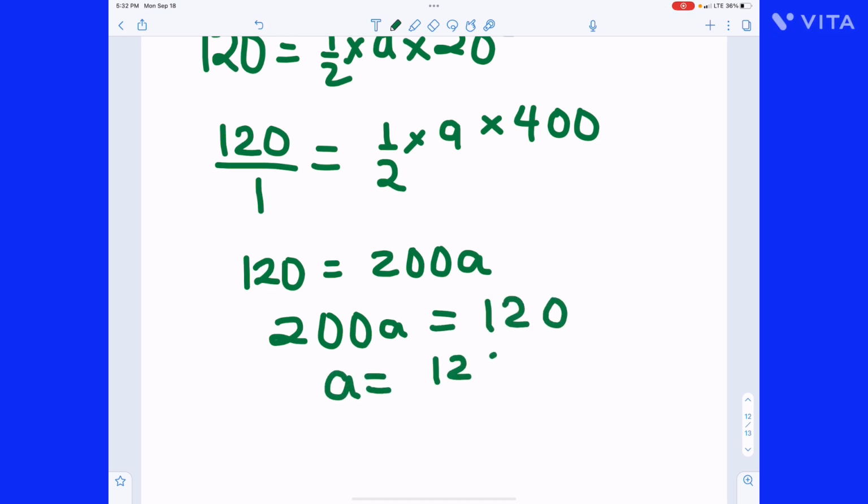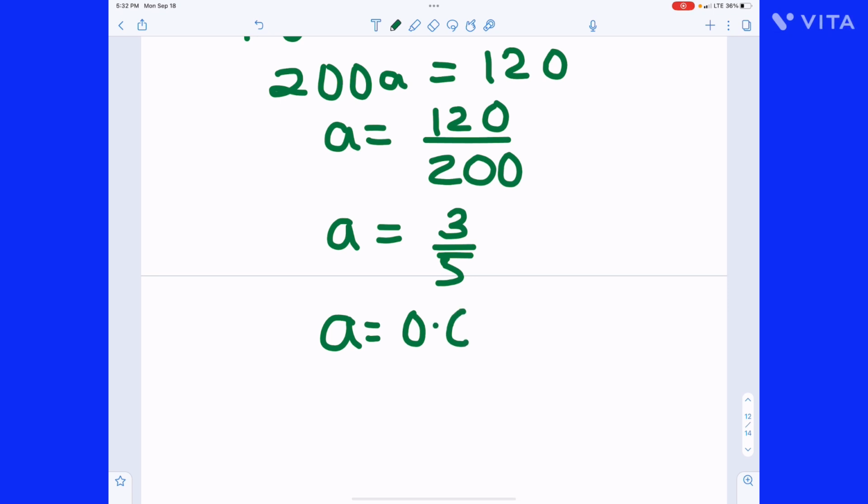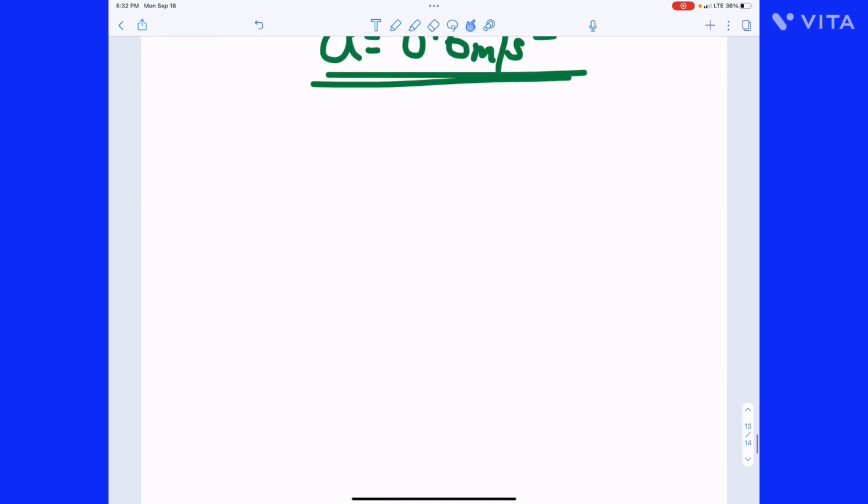A, which is the acceleration, is 120 over 200. What's 120 over 200? 0 divides 0. That's 3 over 5. And that's the acceleration: 0.6 meters per second square. The acceleration of the motion is 0.6 meters per second square.